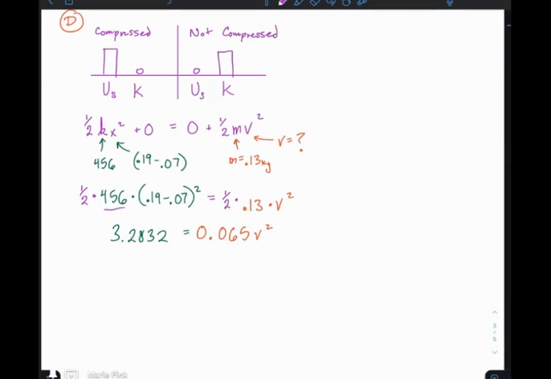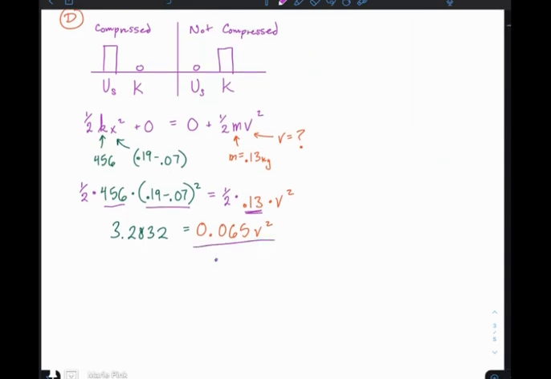So I had a spring constant of 456. This is the change of length of the spring from not stretched at all to all the way compressed. And then we have the 1/2 mv squared, where this is the mass. And I'm solving for my velocity. So I went ahead and did that, plugged it in. Now I just need to divide by 0.065 on both sides.